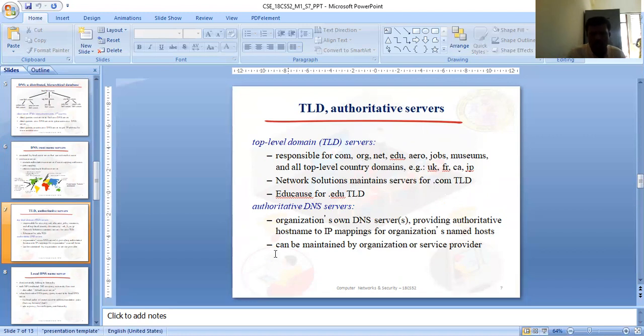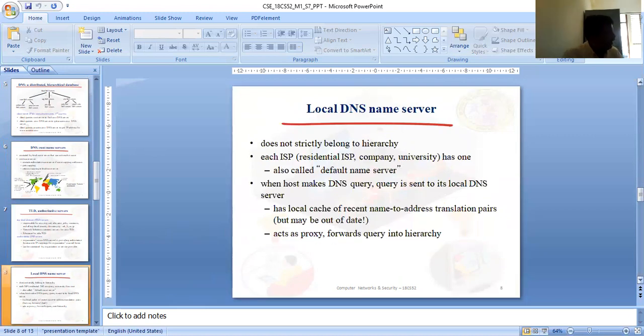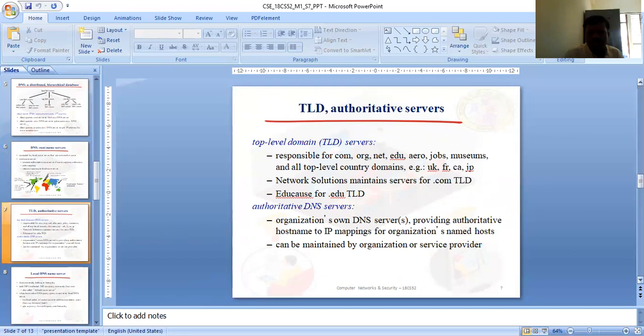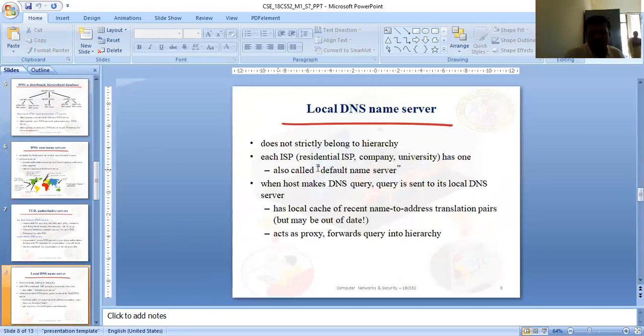Authoritative DNS servers: organizations have their own DNS servers that provide the authoritative host name to IP mapping for the organization's named hosts. They can be maintained by organizations or service providers. Then there are local name servers, which do not strictly belong to the hierarchy.